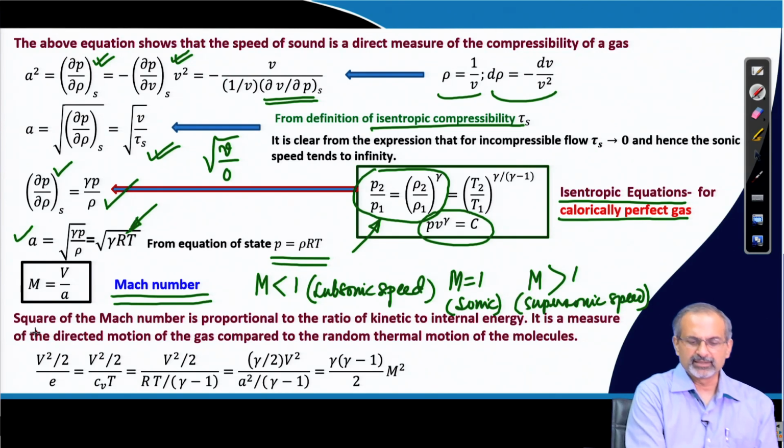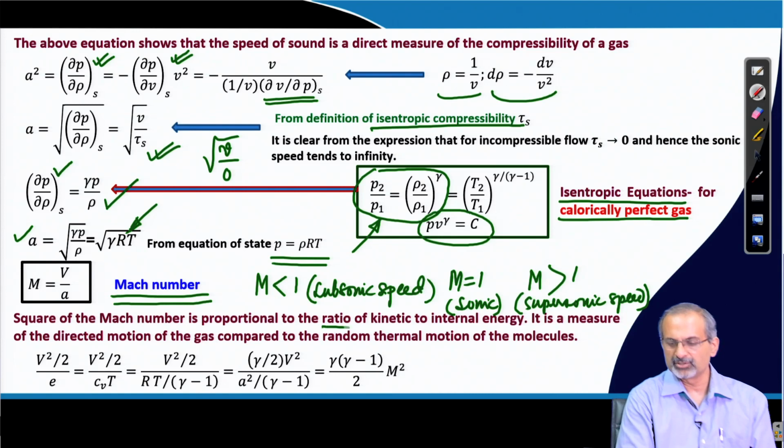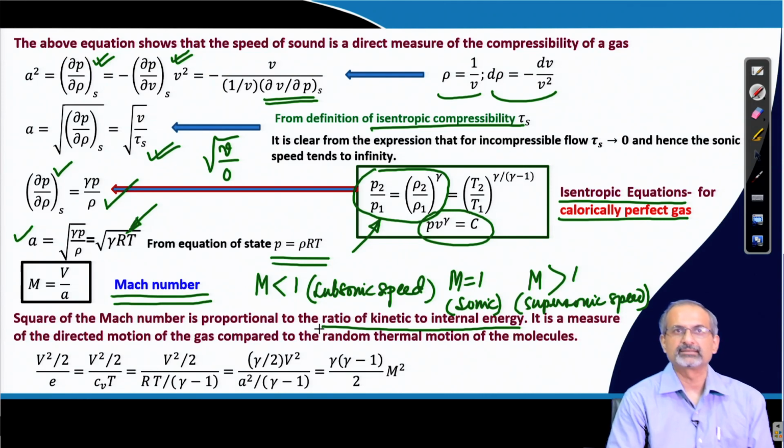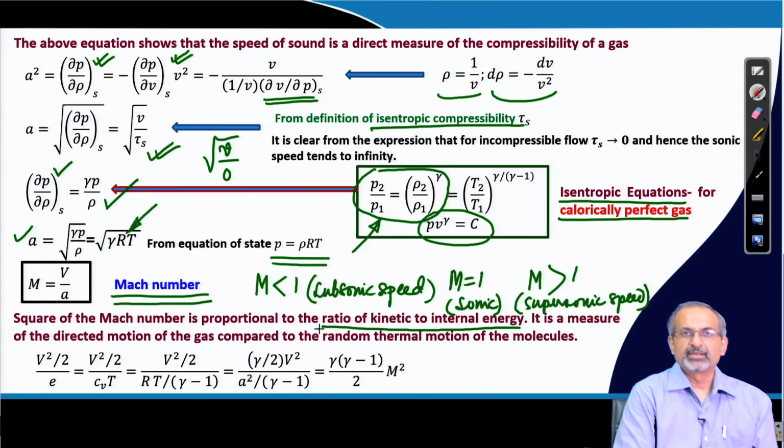Now, interestingly, the square of the Mach number can be shown to be proportional to the ratio of kinetic to internal energy of the gas. So, the kinetic energy is due to the directed motion of the gas, and it is being compared with the random thermal motion of the molecules, which is visible at the microscopic levels.